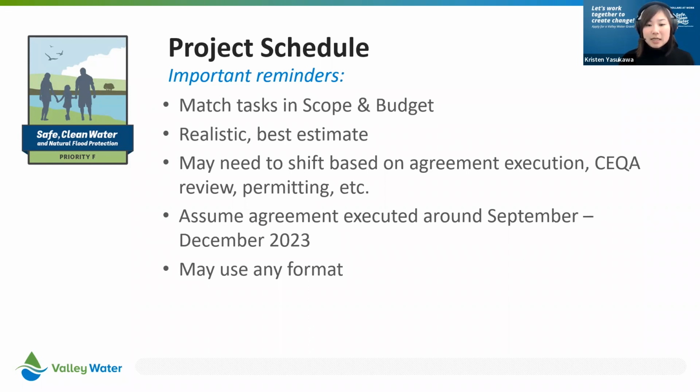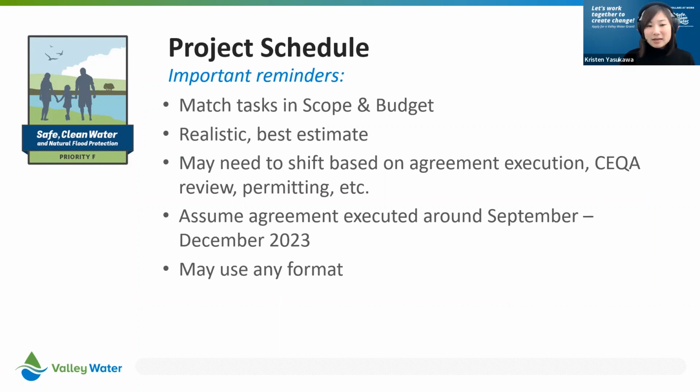And then the schedule is a best estimate, and we won't know who gets awarded funds until May when we take the funding recommendations to the board. So I would say at the earliest, the agreement could be executed around the end of December 2023.